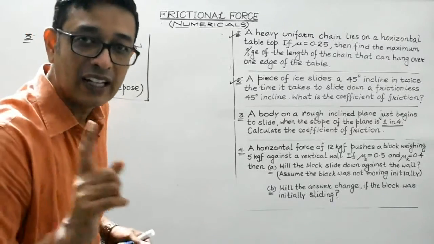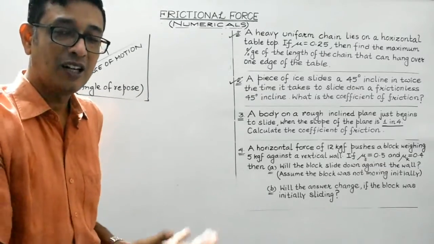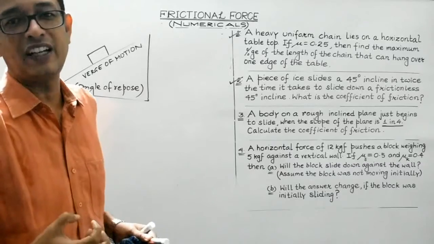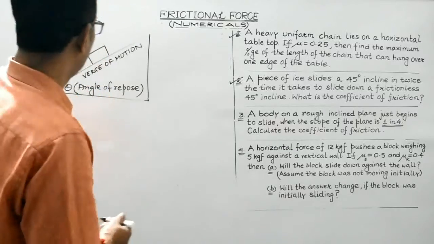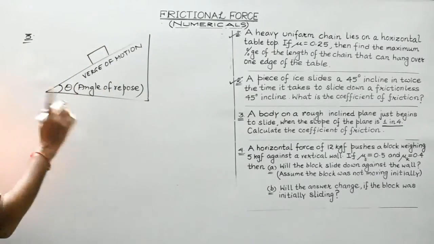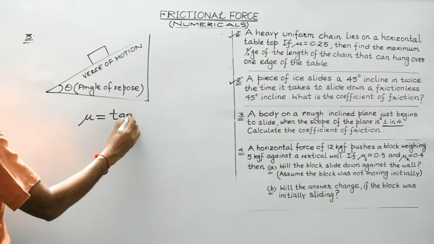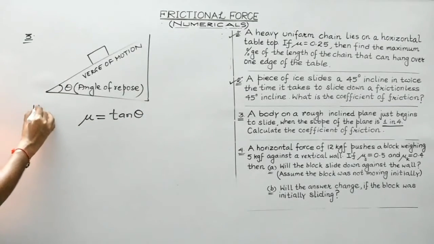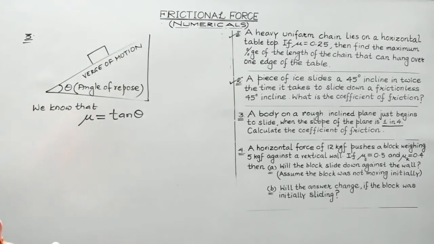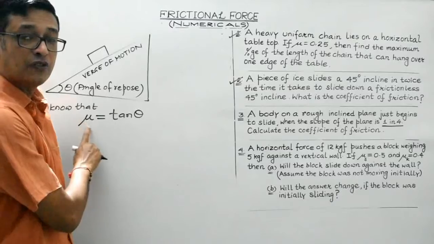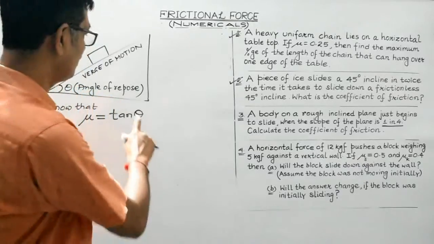Angle of repose may be defined as the angle which the inclined plane makes with the horizontal, at which a body placed over it just begins to slide, that is, on the verge of motion. In that case, we have proved that the coefficient of friction is equal to the tangent of the angle of repose. So in this question, we make use of this formula directly. The coefficient of friction is numerically equal to the tangent of the angle of repose, where theta is the angle of repose.